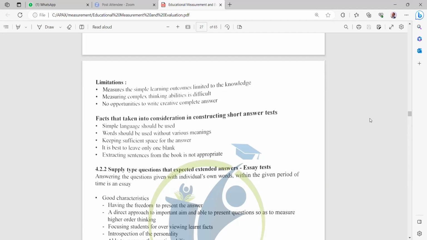Then it says facts to be taken into consideration in constructing short answer tests. We have to take these facts into consideration if we are preparing short answer questions. Simple language should be used, so that everybody can easily understand. Words should be used without various meanings. The words cannot be ambiguous.